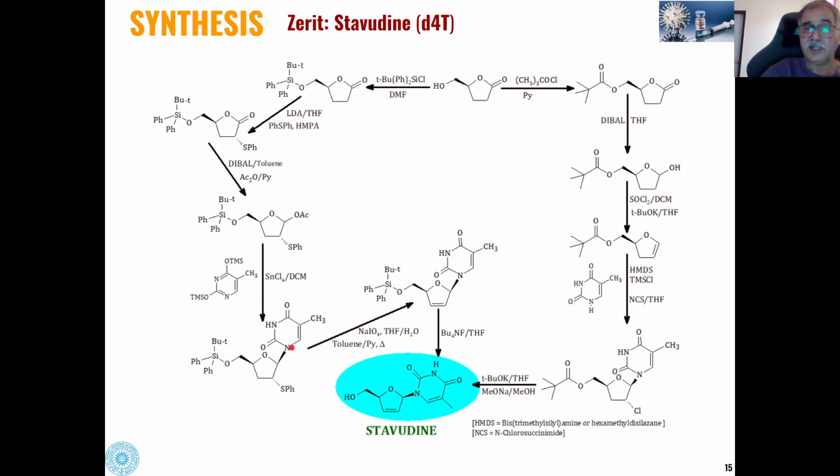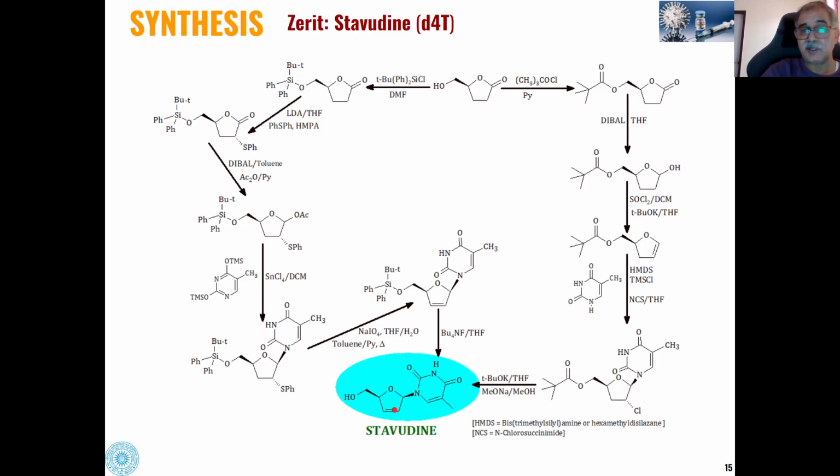And then this is oxidized with sodium periodate in water and THF mixture, followed by heating in the presence of toluene and pyridine for the removal of this group, hydrogen from here and phenyl thiol from here.